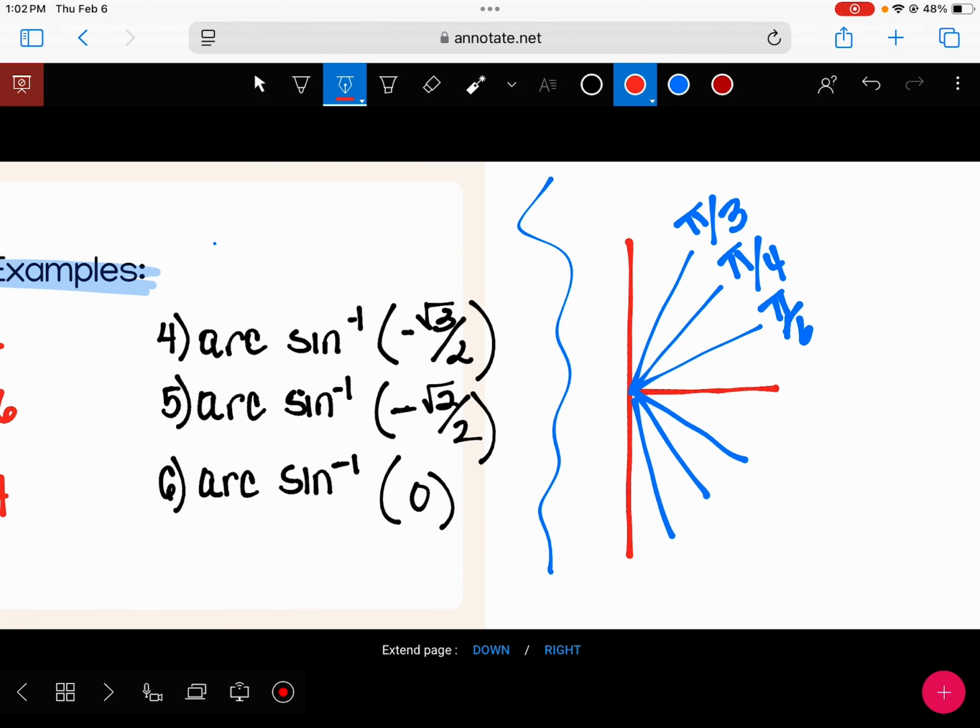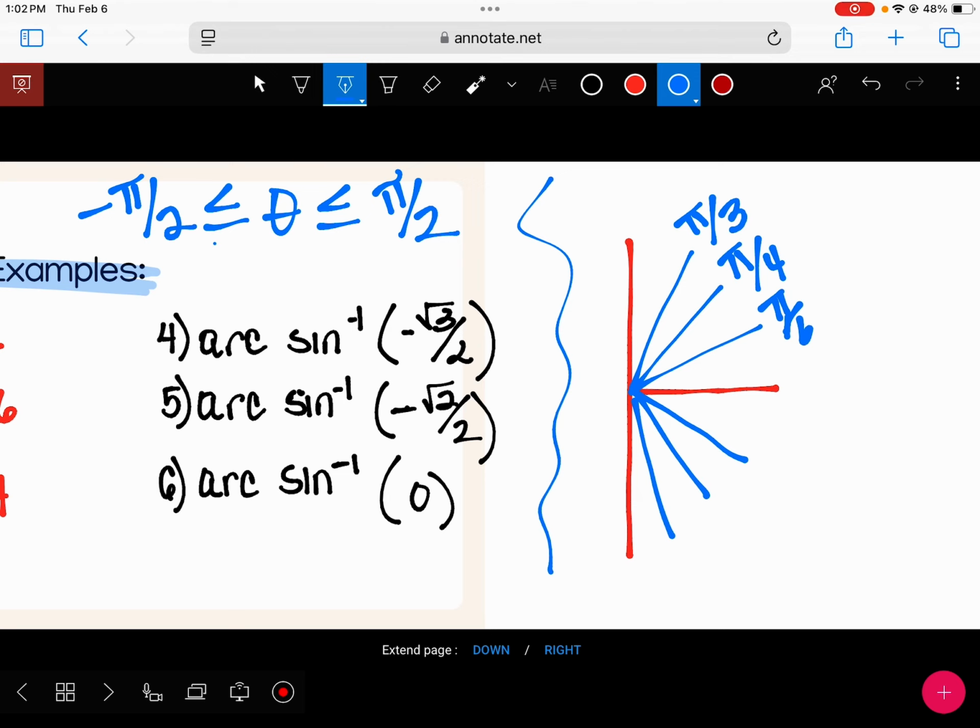Now keep in mind that your answers have to fall between negative pi over 2 and positive pi over 2. That's what your angles have to fall between.